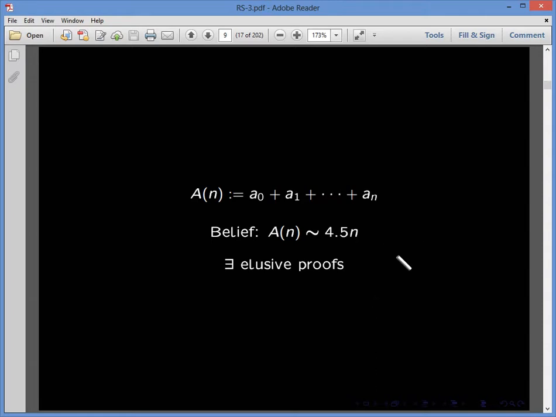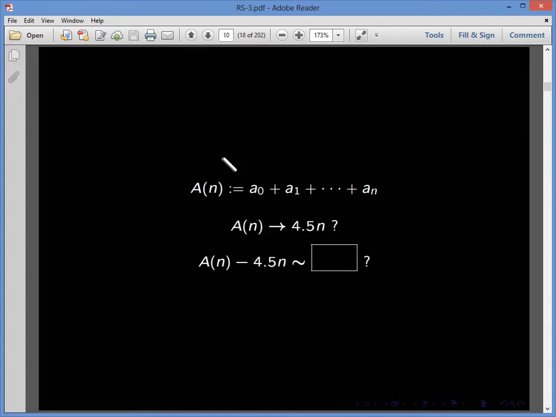This is well believed, and are there proofs? It seems like there are 2 proofs out there, and experts are saying it's very difficult to understand. So it doesn't seem like people really understood or believed that it's actually true, but it is a published proof. So our idea is, okay, let's believe that 4.5n is true. What's going to happen if I subtract off that big chunk? What's going to happen to the remaining part? And I didn't find any result on that part.